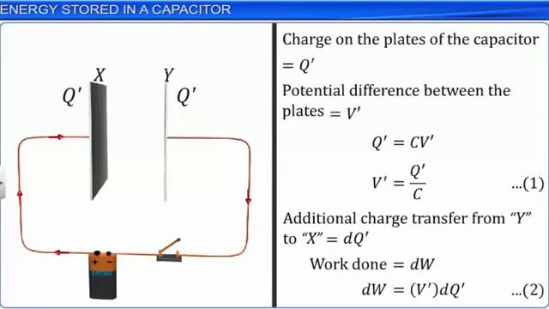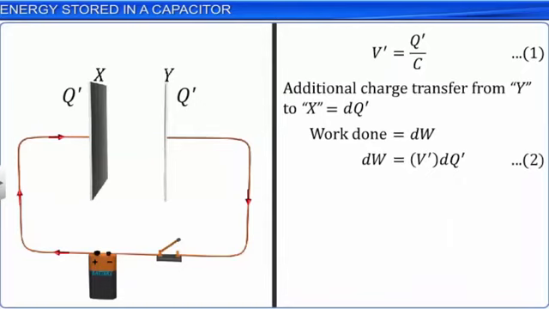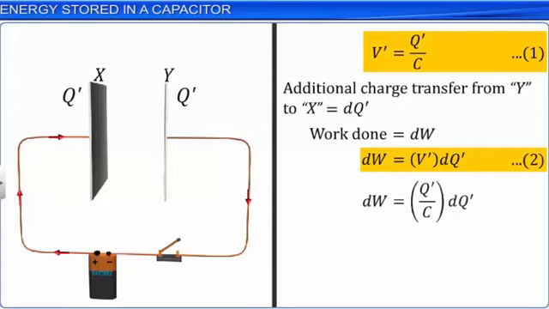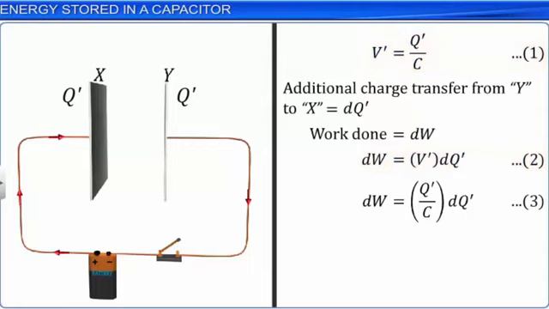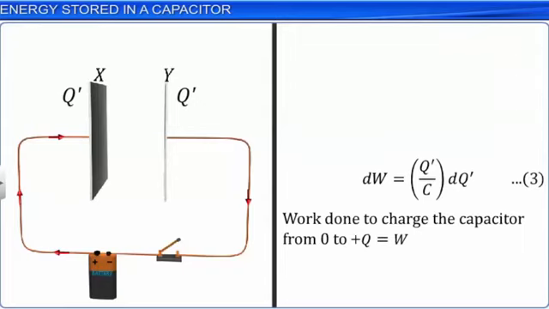Substituting equation 1 in 2, we get dW is equal to Q'/C into dQ'. Let this be equation 3. Now, let us calculate the total work done W to charge the capacitor from 0 to a total charge +Q. We know that W is equal to the integral of dW in the limits 0 to +Q.